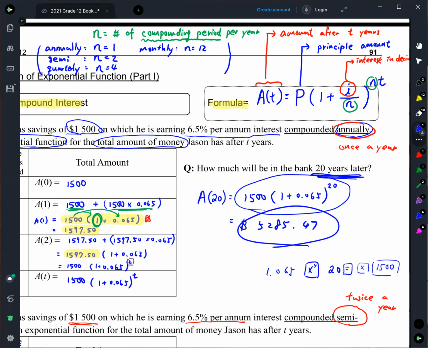Let me try. Oh, I don't get 1. I get 3 point something though. Can you try one more time? 1.065 to the 20. I got 3.5236.